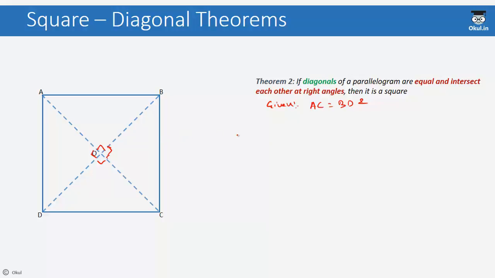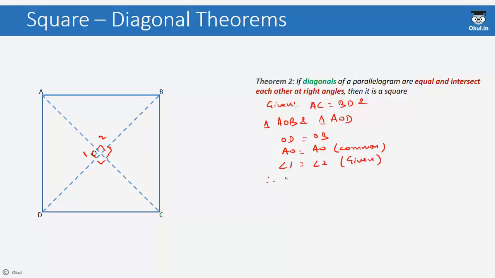Firstly, we'll prove that all sides are equal. So, let's take triangle AOB and triangle AOD. Here we know that OD is equal to OB because it is a parallelogram and the diagonals of a parallelogram bisect each other. Also, AO is equal to AO because it is a common side. Also, angle 1 is equal to angle 2, which is 90 degree, which is given.